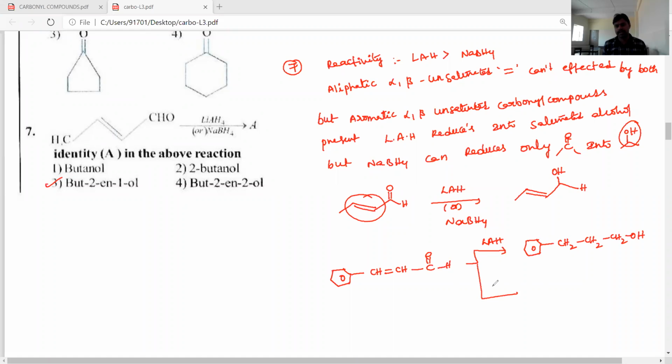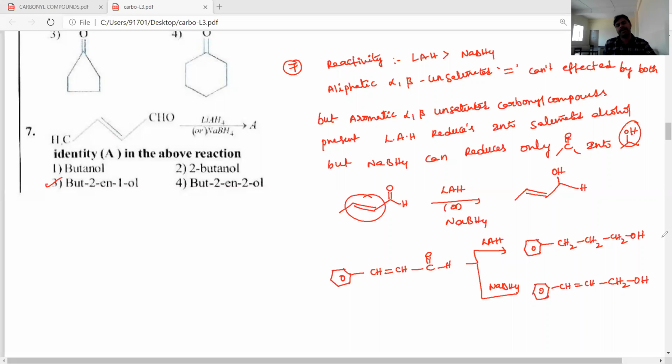But sodium borohydride, with CH double bond CH, CH2OH, can reduce only the carbonyl group. That's why lithium aluminum hydride is more reactive when compared to sodium borohydride.